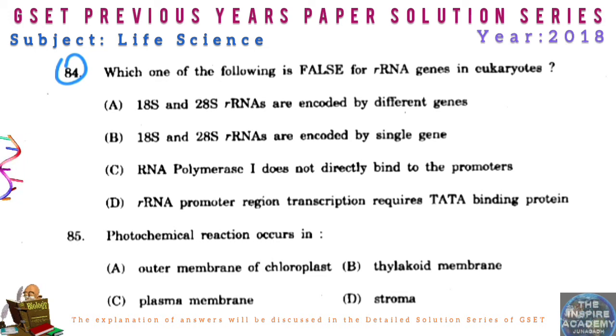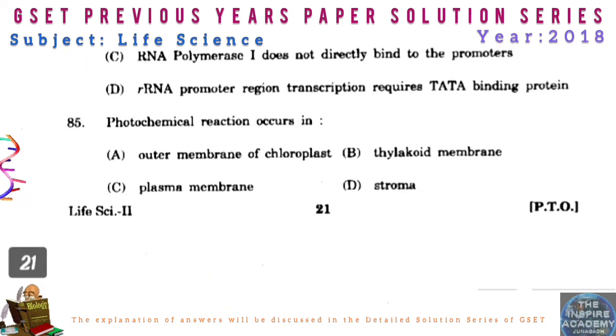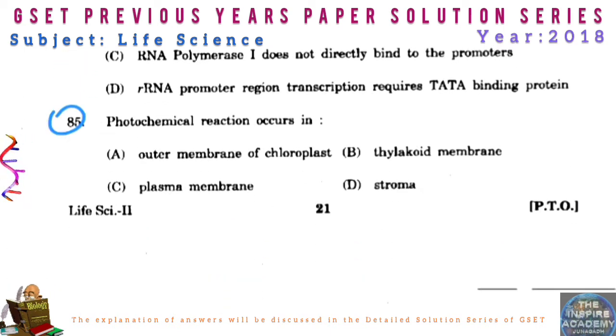The answer is option A. 18S and 28S rRNAs are encoded by different genes. Question number 85. Photochemical reaction occurs in thylakoid membranes.